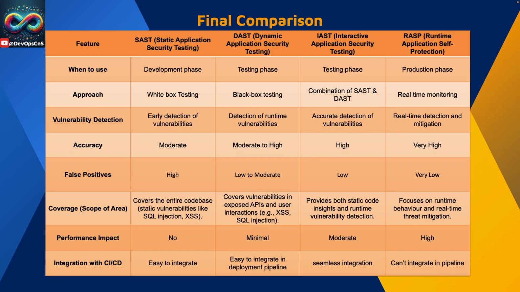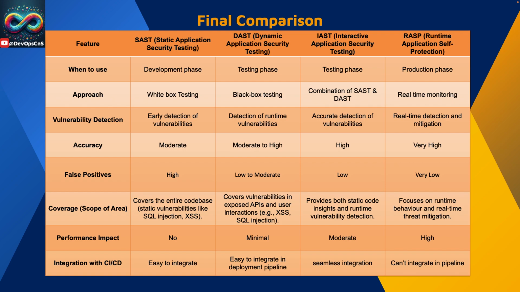IAST has moderate impact because we run these tools on the stage environment or QA, and also as part of the build pipeline, using it for the SAST and test combination. RASP has a very high performance impact because we use these tools in the real-time production environment.